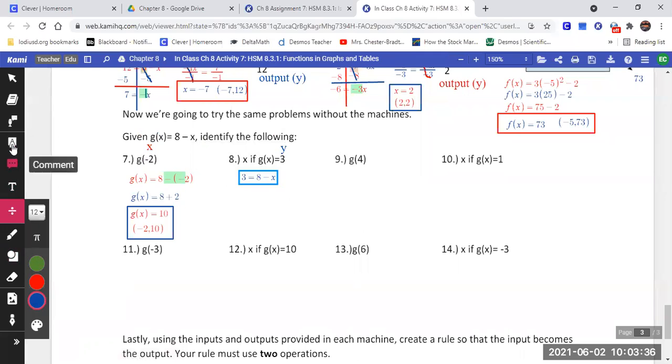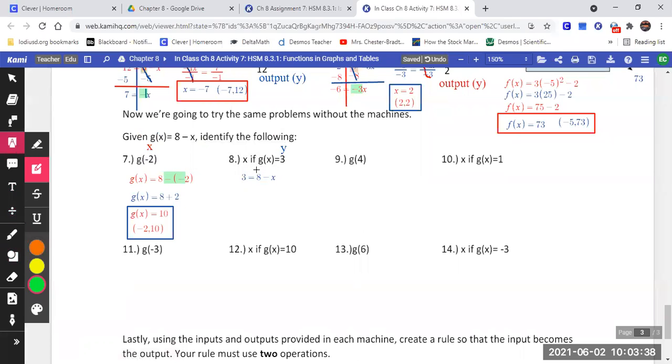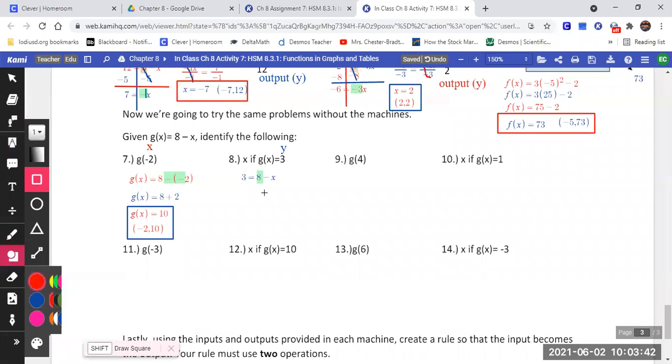I need the X alone. I need to get rid of something. How am I going to do that? Subtract 8 from both sides, yep. So this is no different. It's just written in another format.